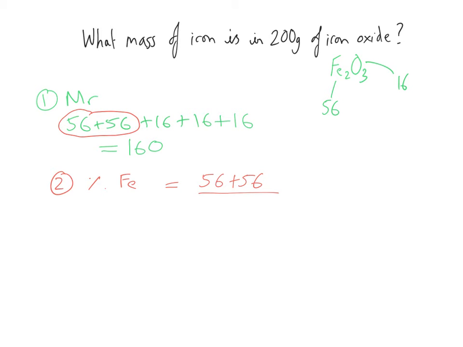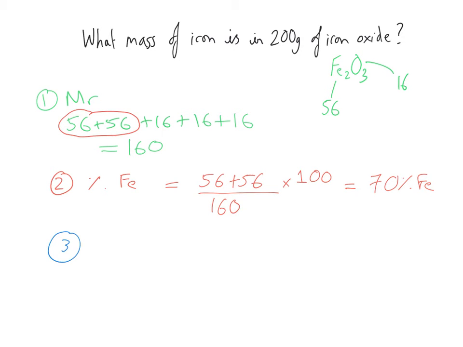And then on the bottom, remember, goes the Mr value, so that's 160 that we've just calculated, and then we need to express that as a percentage by multiplying by 100 at the end, and that gives us 70% iron. So iron oxide is 70% iron.